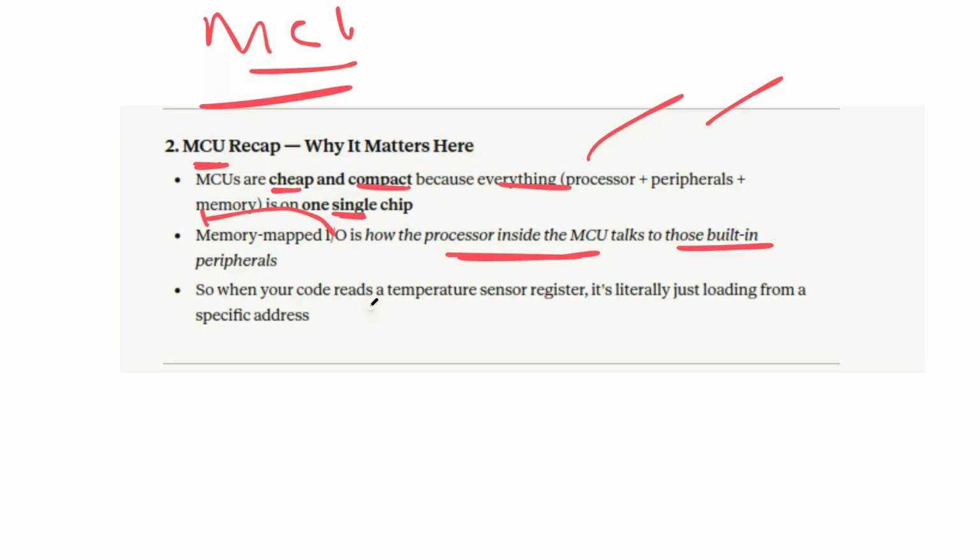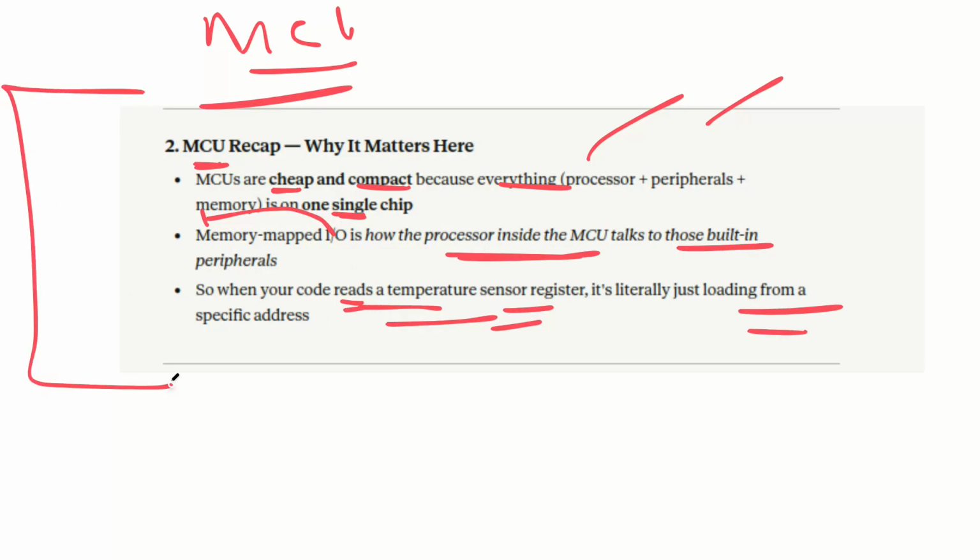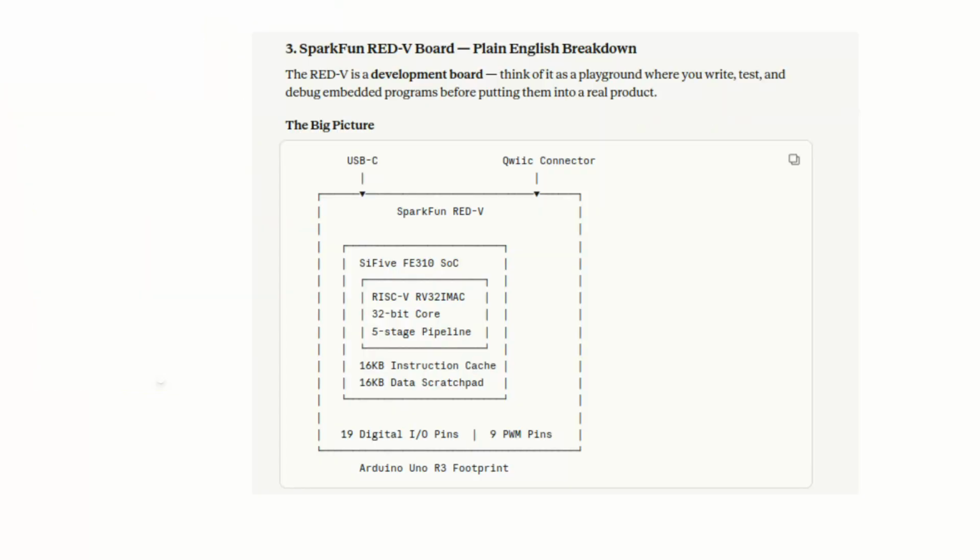So when your code is reading a temperature sensor register, it's literally just loading from the temperature sensor register's address. That is what reading means. The processor in this MCU chip is talking to the peripheral using memory mapped IO.